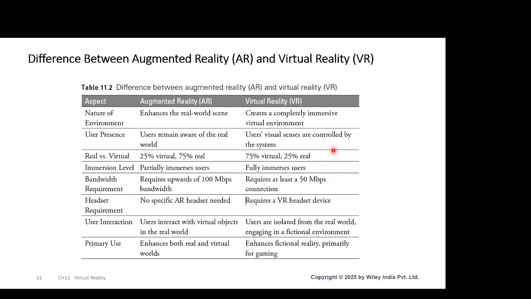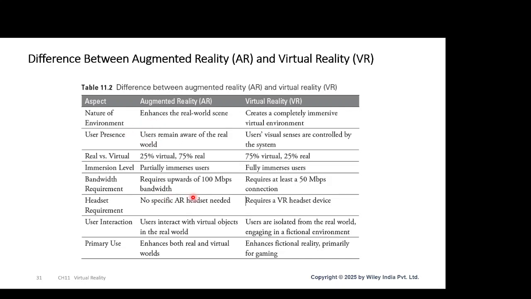Here, the user's visual senses are controlled by the system. Real versus virtual: augmented reality is 25% virtual and 75% real. This ratio is opposite in terms of virtual reality. So, augmented reality gives a partially immersive experience, but virtual reality is a fully immersive experience. The bandwidth required for augmented reality is 100 Mbps.